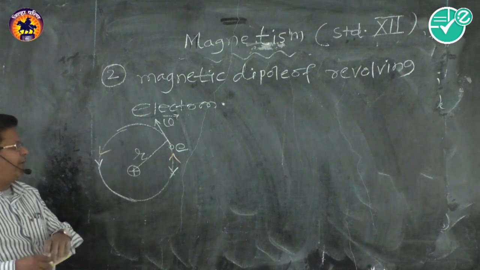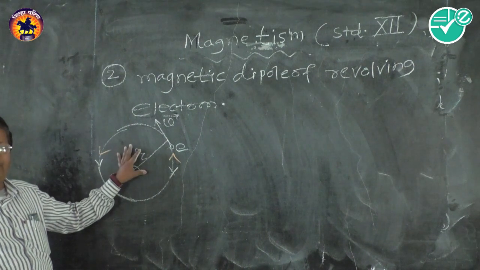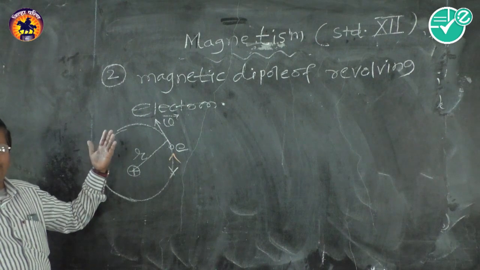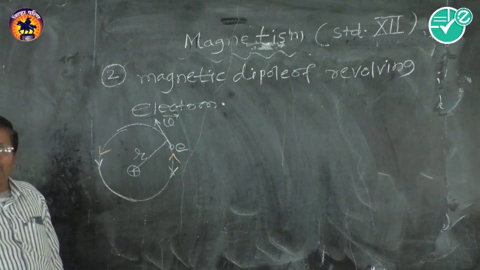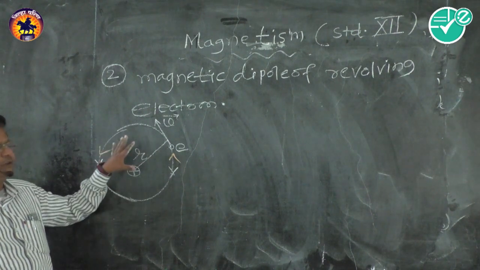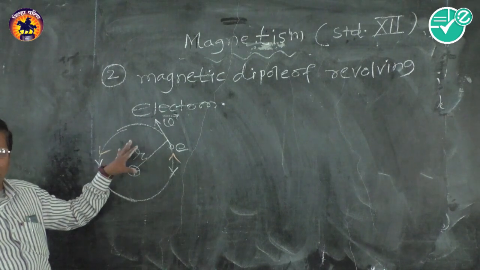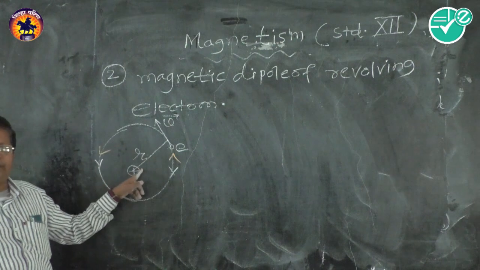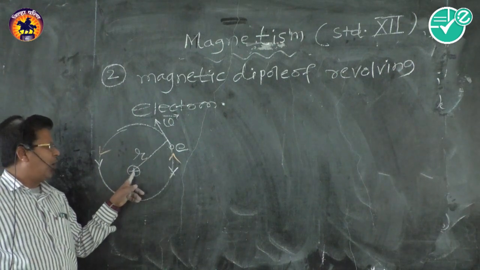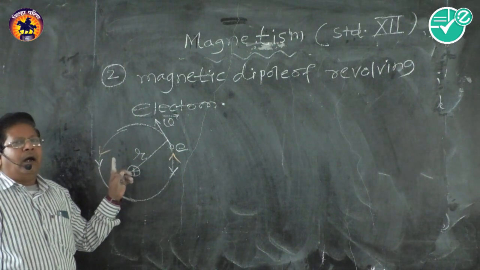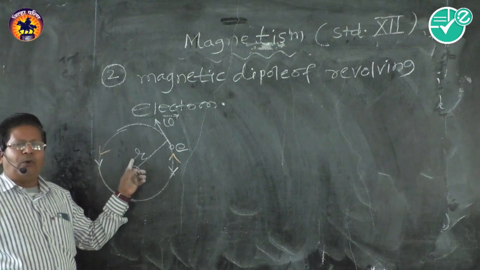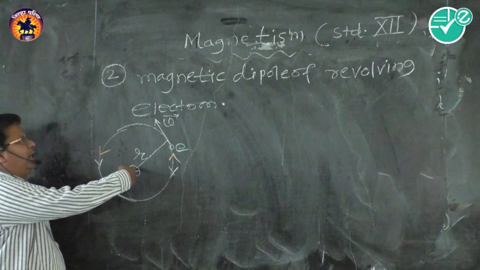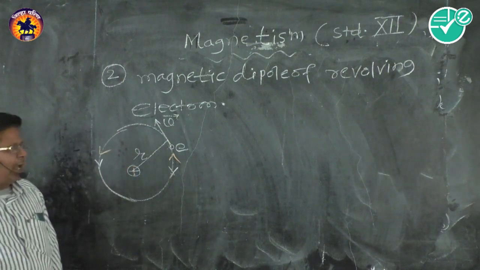Therefore, one face of the coil behaves like a south pole and the other face behaves like a north pole, and so it behaves like a magnetic dipole. This magnetic dipole, which is a vector quantity, is directed from S pole to N pole, that means it is directed inwards, that is into the board.